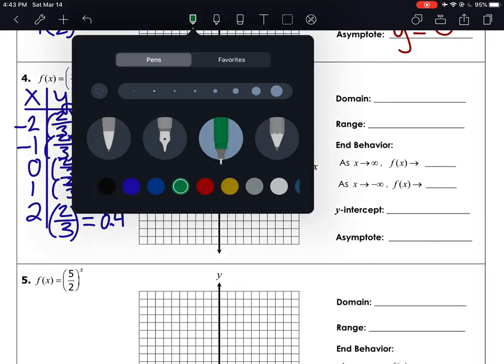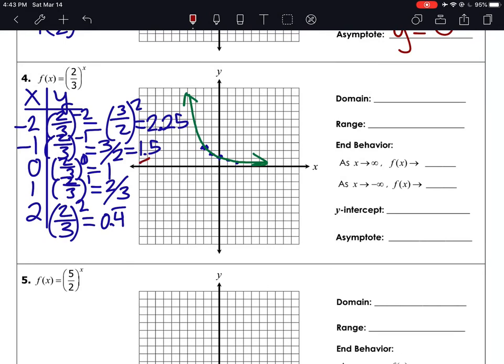Notice that this curve also does not dip down into a certain number. And yes, that same number we've been talking about for the last 4 questions, you have the same asymptote of the number 0, because there's no value you can plug into x to make f of x 0 or less. So your asymptote is y = 0.